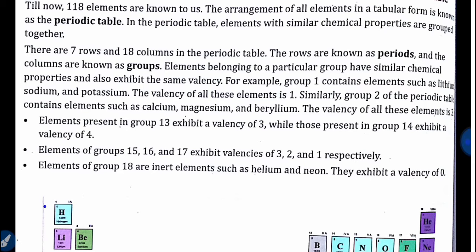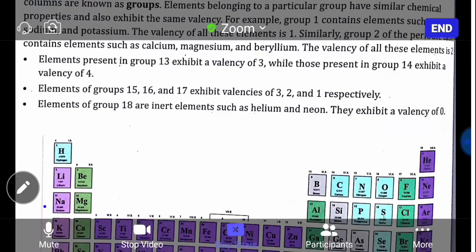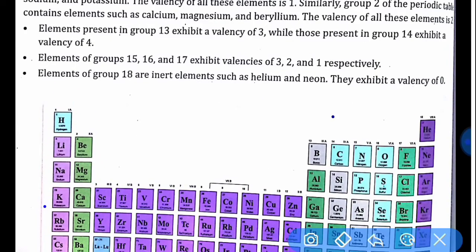So this group 13 has valency 3 and this group has 4. Groups 15, 16 and 17 are represented by valencies 3 to 1.